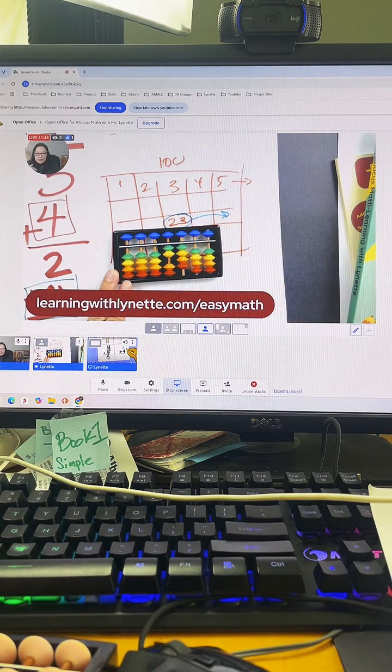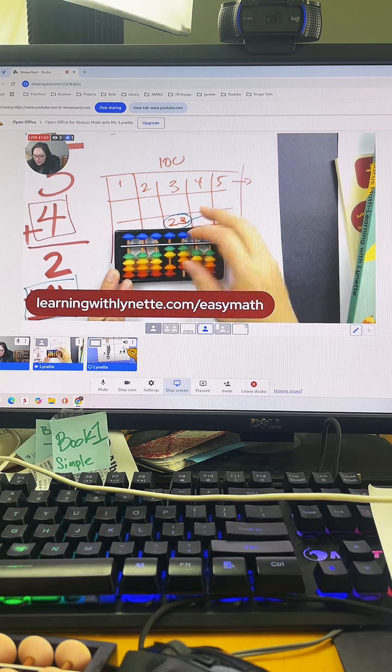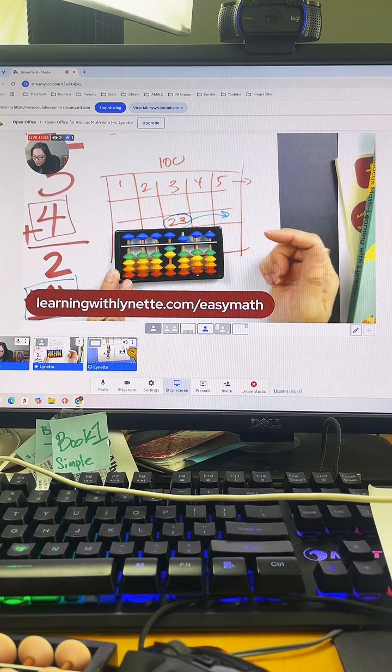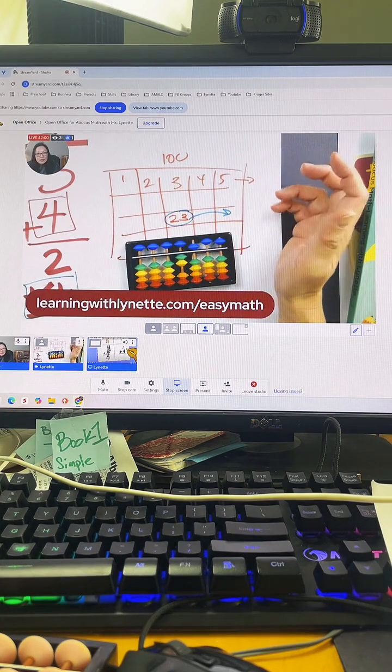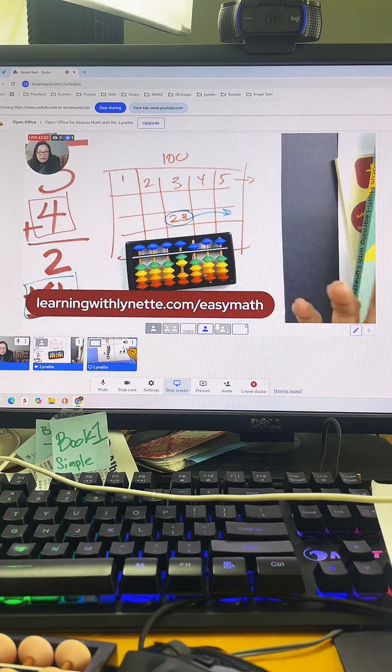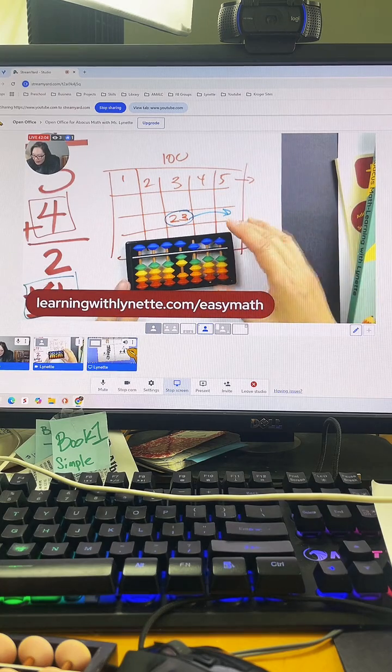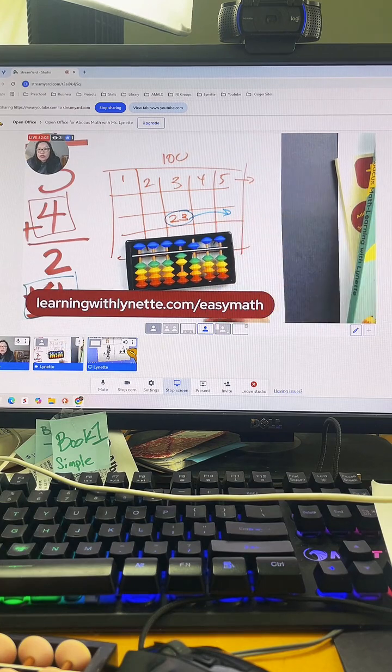But when we do 23, they know the next number over would be 4, so they just need to add the one bead to make it 24. The reason I feel the abacus helps counting on is that the kids can see that this is 24, and after 24 is 25.